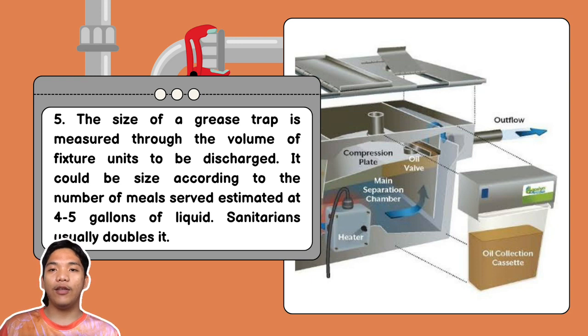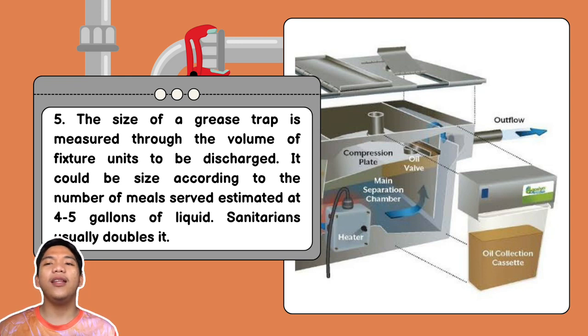And since sinabi dito is nakadepende daw sa fixtures yung size or yung volume ng grease trap. Yeah, yun. And sanitarians usually double it up. Kaya para iwas talaga siya sa clogging.